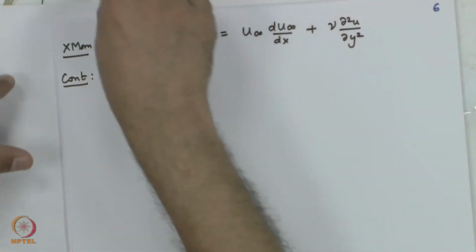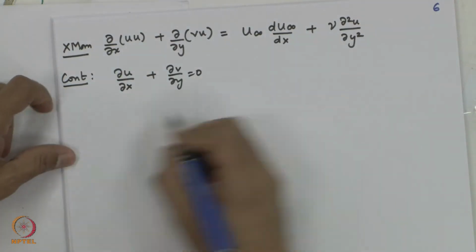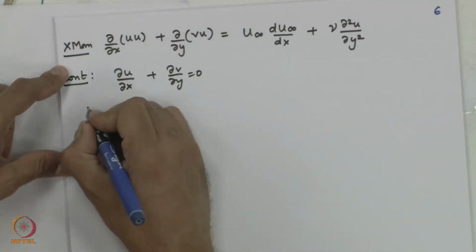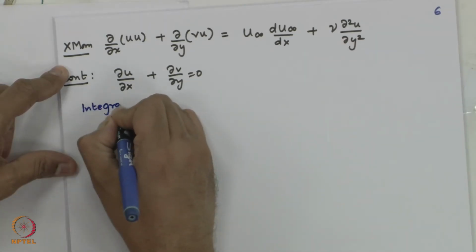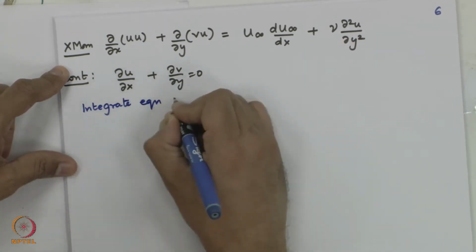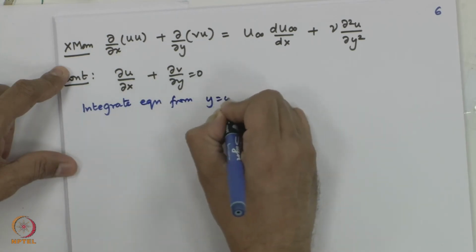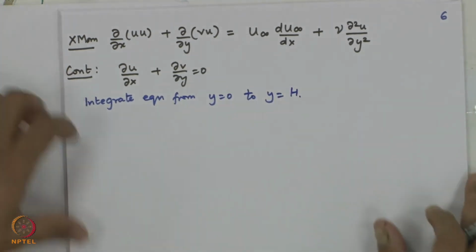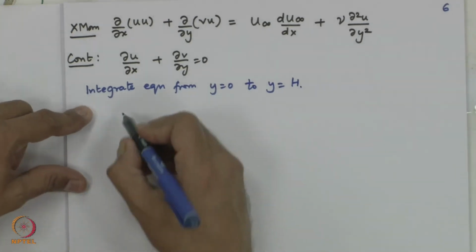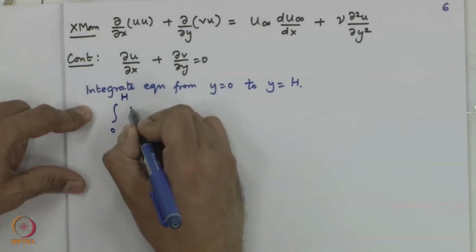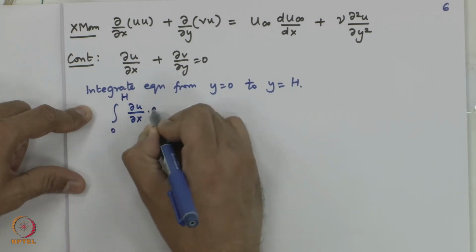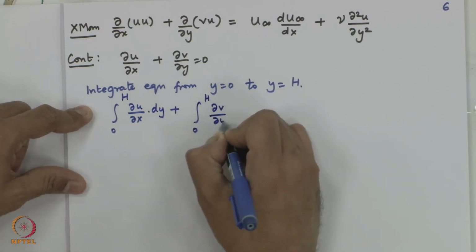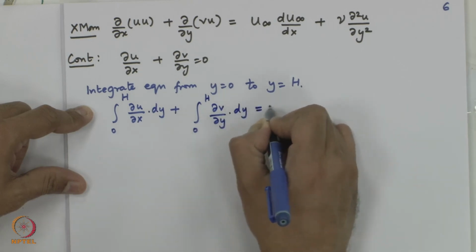What I am trying to do here is integrate this. So, I will integrate the continuity equation from y equal to 0 to y equal to some capital H, which is way above the boundary layer thicknesses. So, integral 0 to h du by dx with respect to y plus integral 0 to h dv by dy with respect to y equal to 0.